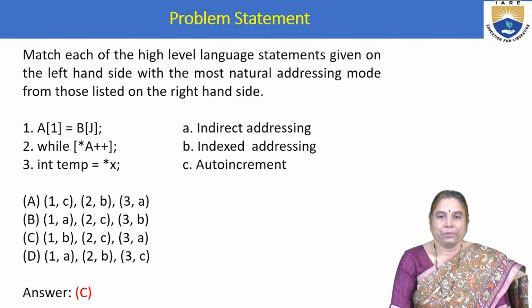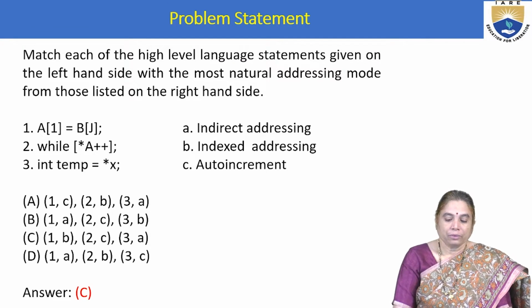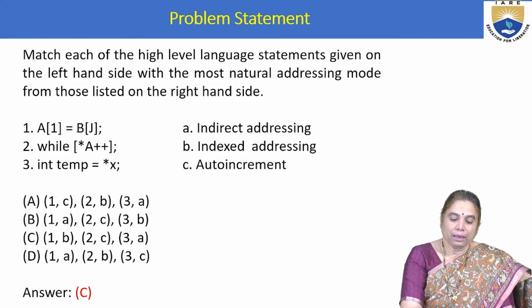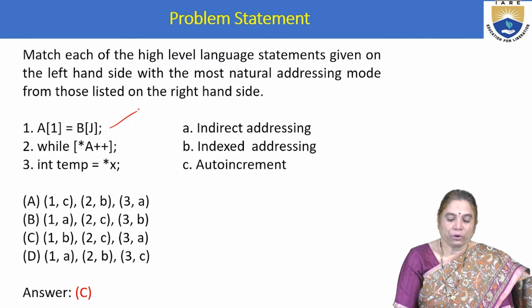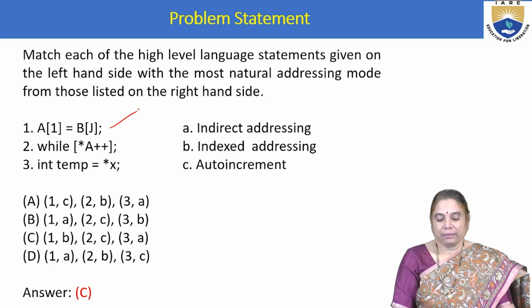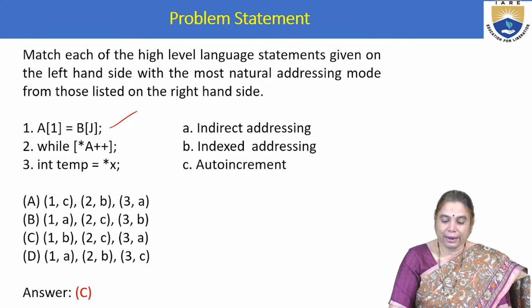Next problem statement. Match each of the high-level language statements given on the left-hand side with the most natural addressing mode from those listed on the right-hand side. So here, what is the addressing mode that is specified in case of programming languages while assigning array indexes?